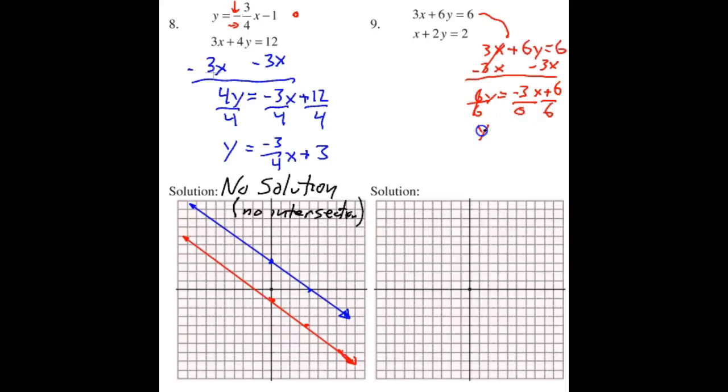So I'll have y equals negative 1/2 x, since 3 over 6 reduces to negative 1/2, and 6 divided by 6 is just 1. So start at 1, and we'll go down 1 over 2. Do that a few times. There we go.